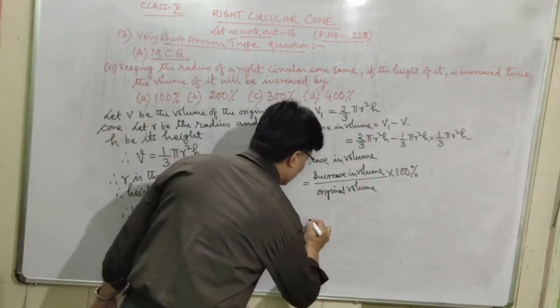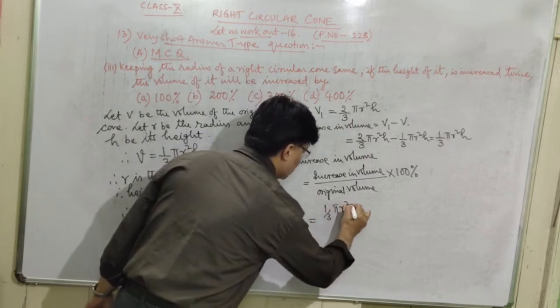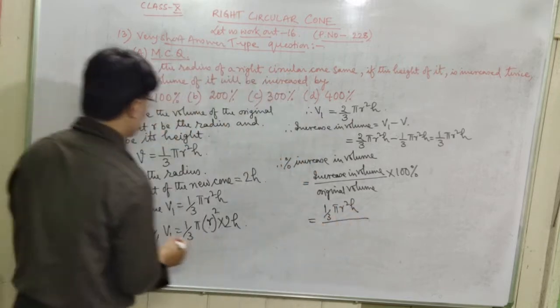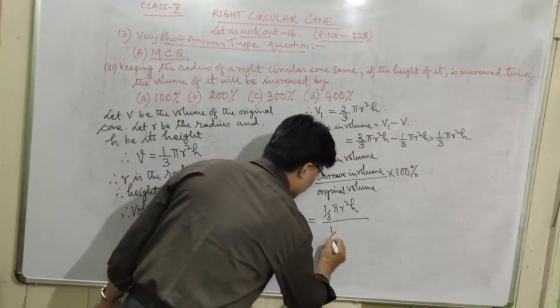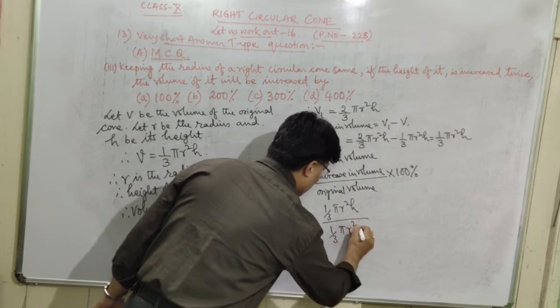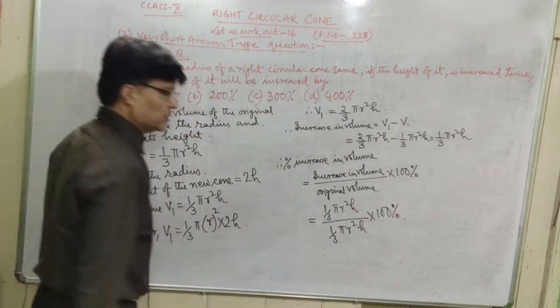So what is the increase in volume out here? It is 1/3 pi r square h. And what is the original volume in this case? Original volume is V, that is 1/3 pi r square h, into 100%.